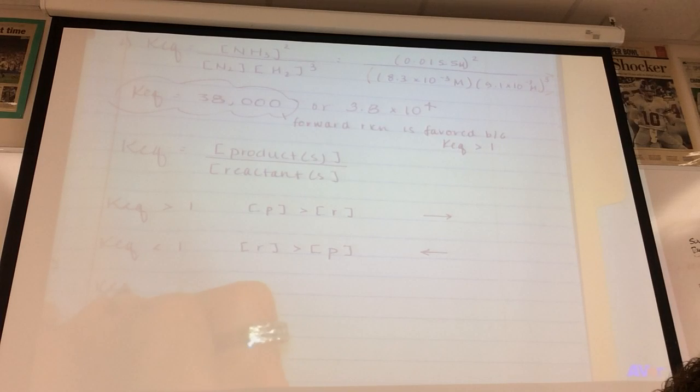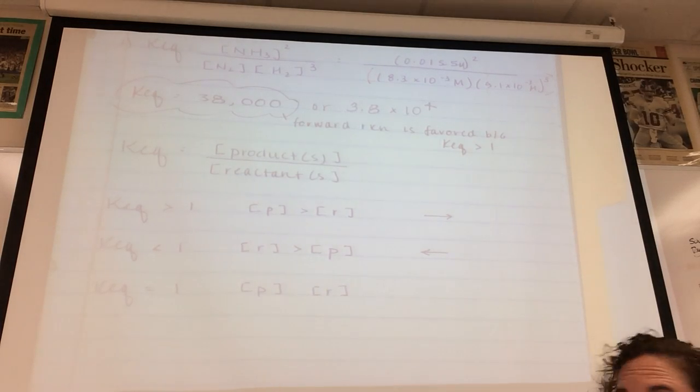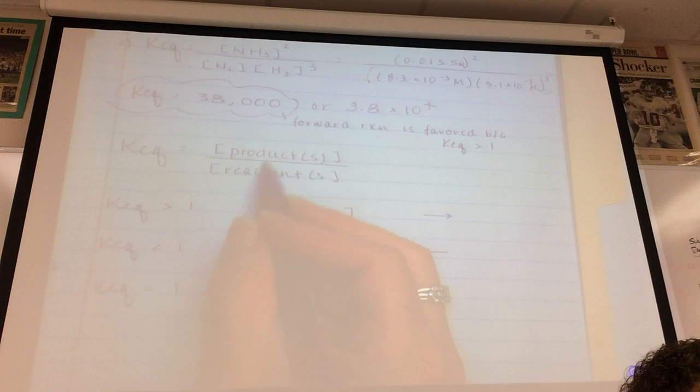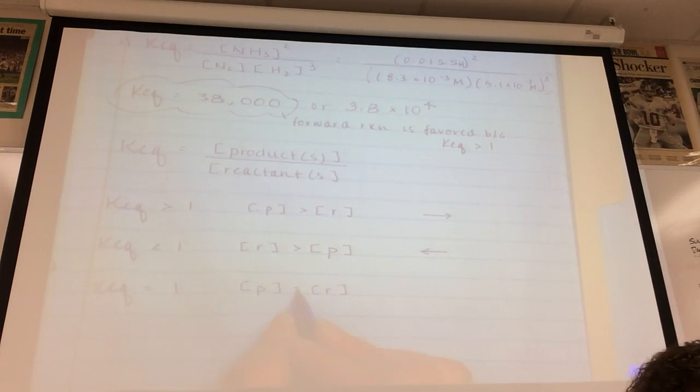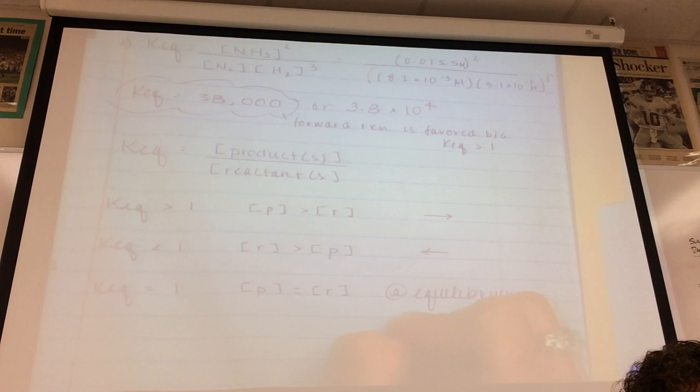Now, if KEQ is equal to 1, what can you say about product and reactant concentration? They have to be equal because that's the only way you'll get 1. And that is a state of equilibrium. And for the record here, delta G would be 0.